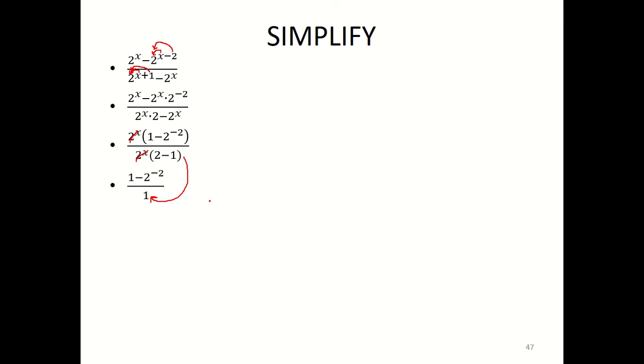In the numerator, when you simplify that, this is what I simply did. It's the same as though you have 1 minus 1 over 2 to the exponent of 2. I've just divided each of those by 1.